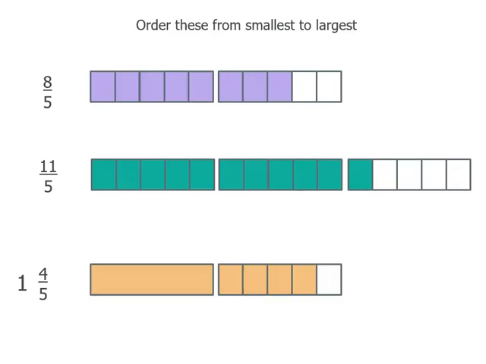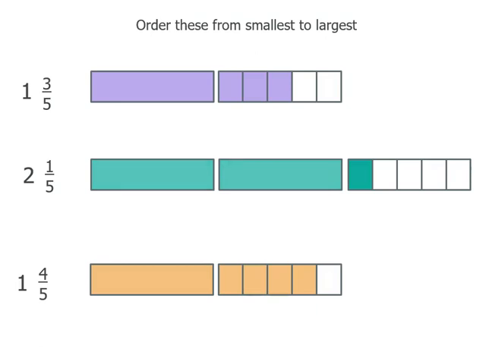Now we're going to tackle that same problem a different way and then also use a number line. This time we're going to rename all of our fractions to mixed fractions. So 8/5 is the same as 1 and 3/5. 11/5 is the same as 2 and 1/5. So we've now got mixed fractions.